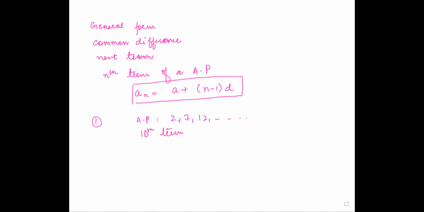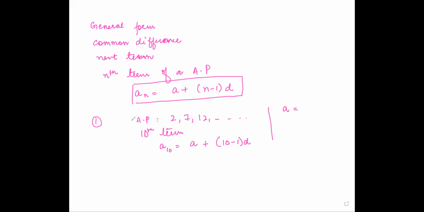Okay, Hamna is here now. So if you want to find the 10th term, simply use the formula, right? You want to find a10, all right? So a10 will be a plus n is actually 10 here, so 10 minus 1 into d. Now you will write here how much is a.